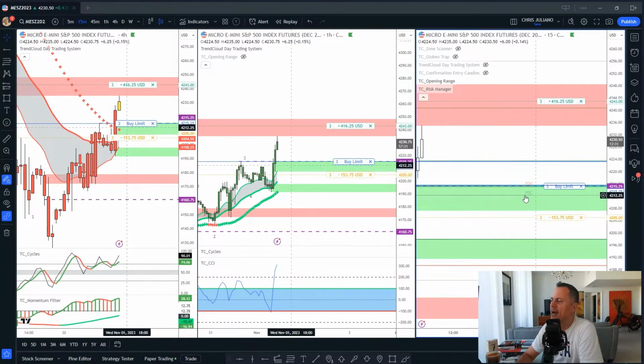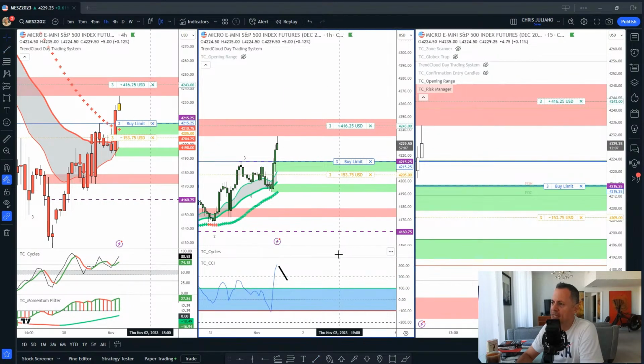I would still take these, because look at the momentum. Momentum is really strong to the upside on that CCI indicator. We are way above positive 200. Okay, this is 100 and this is 200. We're above 200.